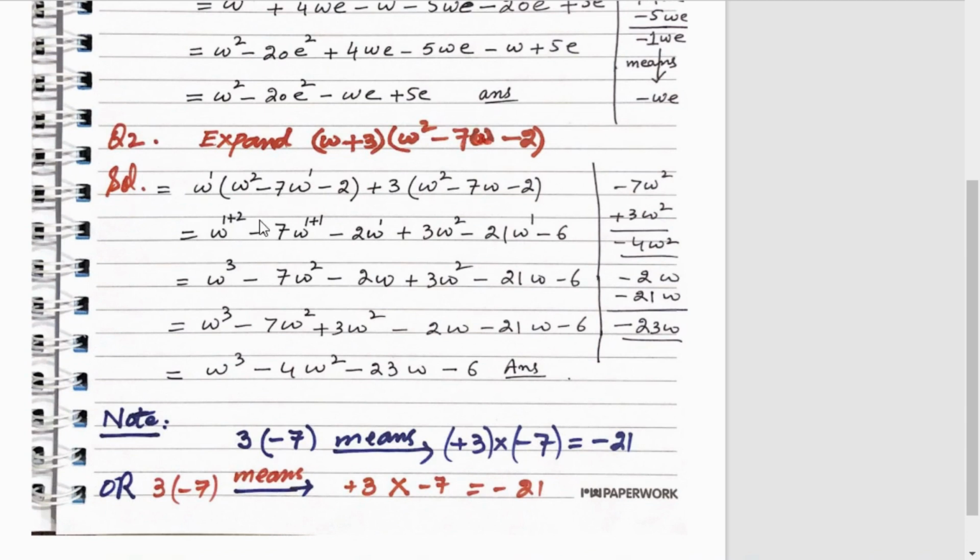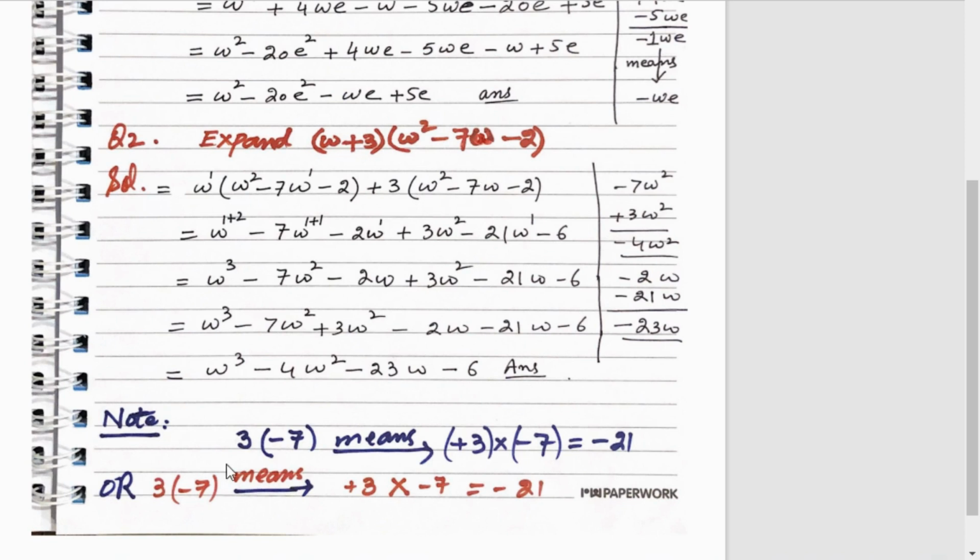Now what did we do? We expanded the terms and then we simplified the terms gradually according to the rules of algebra. Note down, guys, whenever you have a term like this, plus 3 multiplied by minus 7, I have just picked up minus 7 and 3 over here because I just want to explain them.